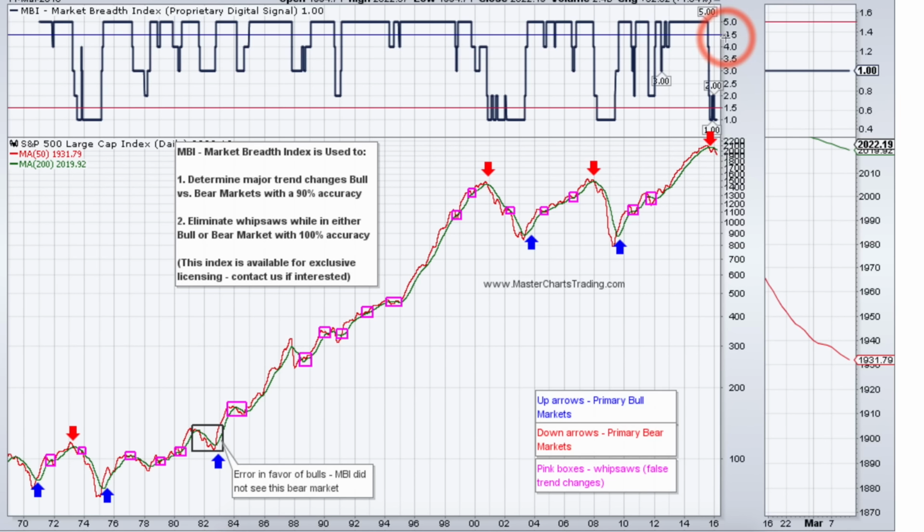This is TLT, the iShares Barclays 20+ Year Treasury Bond Fund. This is a pretty volatile security actually, and surprisingly enough, it is more volatile than the S&P 500 stock market itself. Anyways, we had several breakouts here to new all-time highs, and now it looks like a correction, possibly a falling wedge or a flag of some sort.